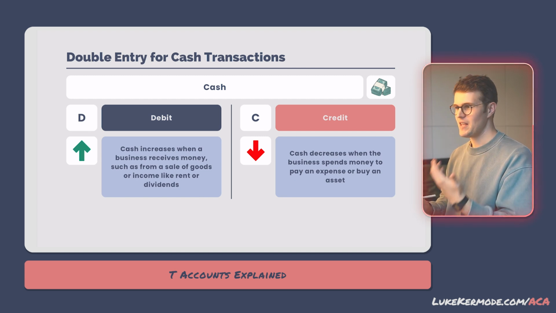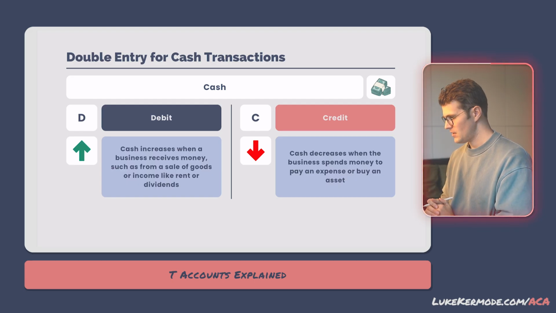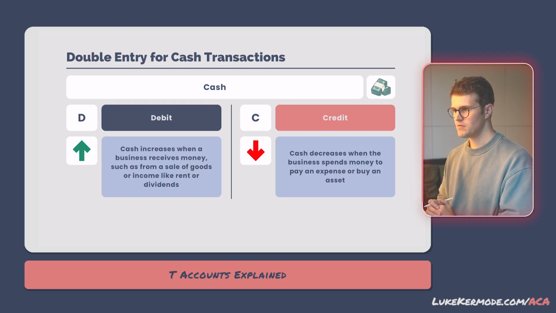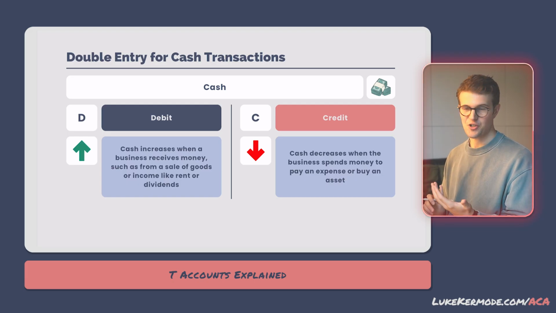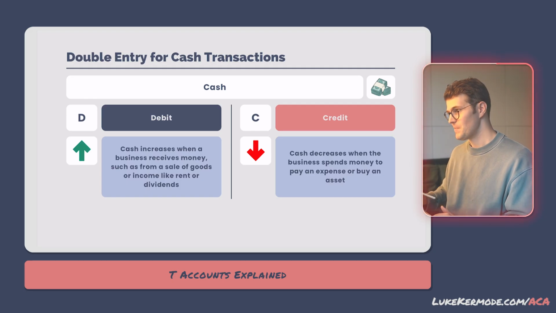However, when the business spends money, the cash balance decreases, and that's going to be recorded as a credit because the asset value is decreasing. Every cash transaction affects two accounts. Obviously, it will affect the cash and bank account, but it also affects another account depending on what the transaction relates to. It could be income, could be an expense, could be another asset, or even a liability.